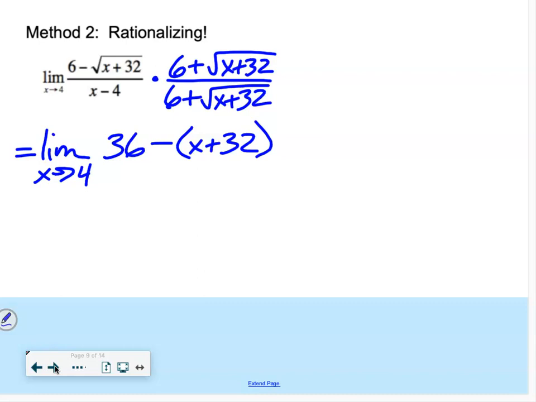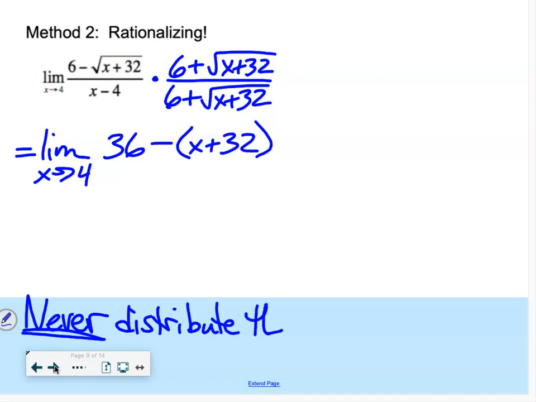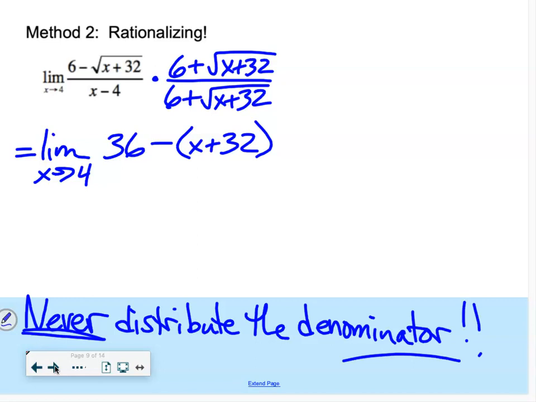All right, I'm going to write a little rule down here at the bottom. Never distribute the denominator. Ever. You never distribute, see, this is why we don't work ahead.